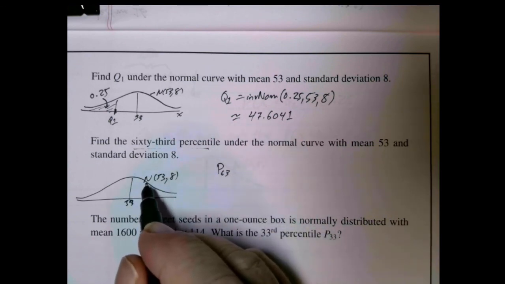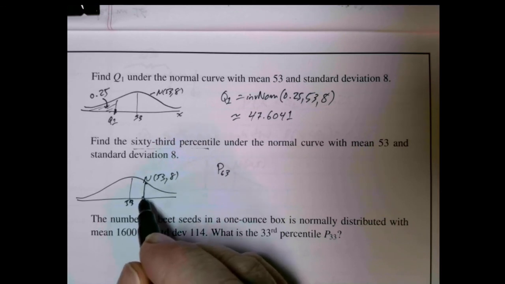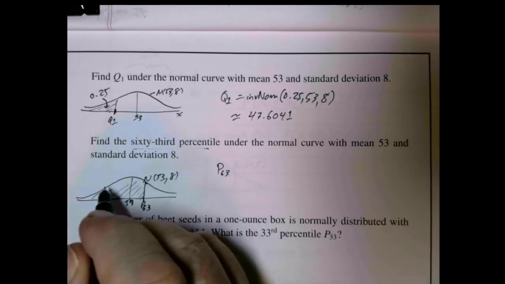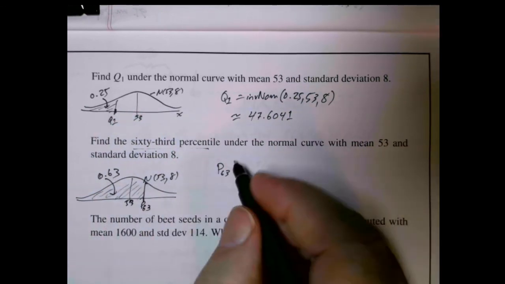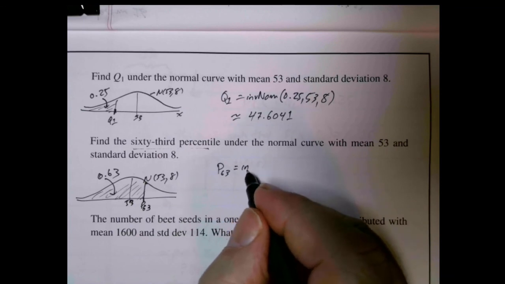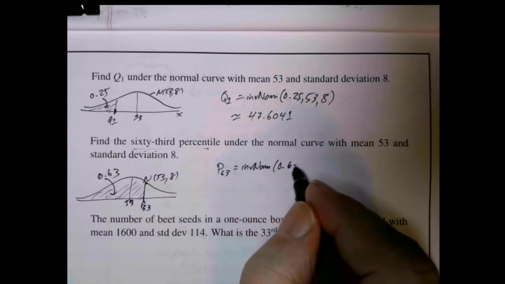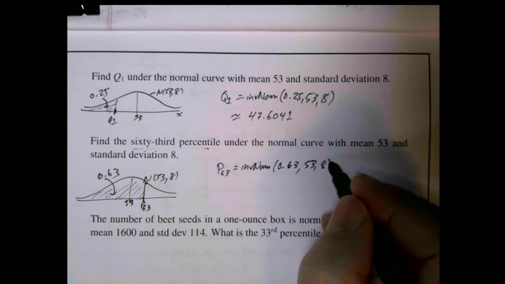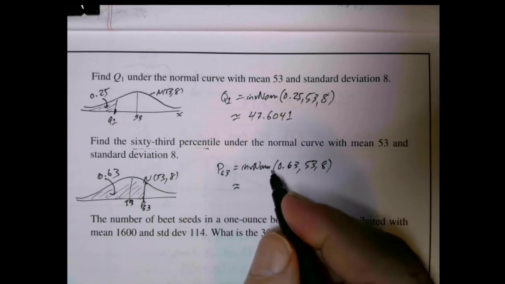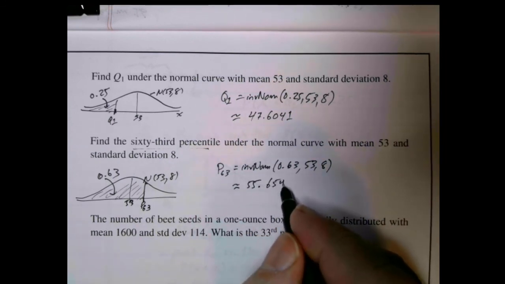So 63% of the area is to the left of P63, which means you find P63 with INVNORM of 0.63, and then the mean, and then the standard deviation, so 53, 8. If you put that into INVNORM, you'd get something like 55.6548.